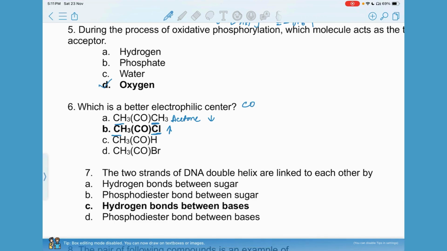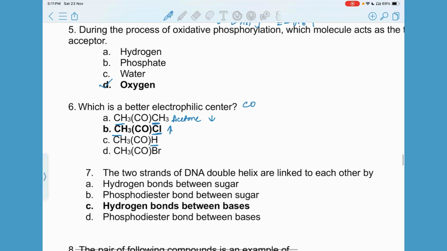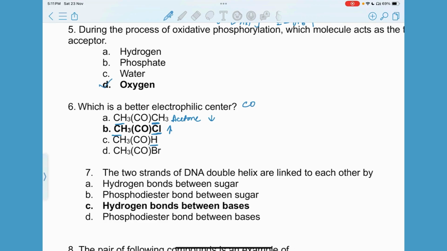Now for acetaldehyde, the substituent is a hydrogen atom, which does not have any significant electron withdrawing or donating effect. And for the next, we have bromine, which is electron withdrawing, but comparatively chlorine has more electron withdrawing effect, so the answer will be acetyl chloride.